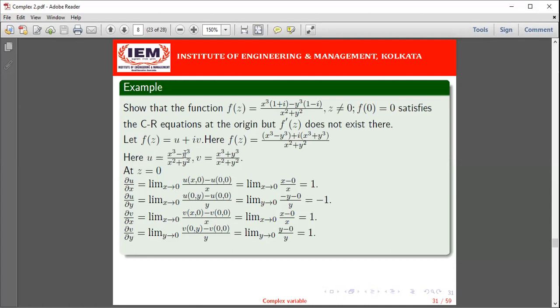Since the partial derivatives are not defined at the point 0 0, obviously they are not continuous. Is that clear or not? Although they satisfy the Cauchy-Riemann equation at the origin, the partial derivatives are not defined at 0 0. So that's why it will not be analytic at 0 0. Is that clear or not?